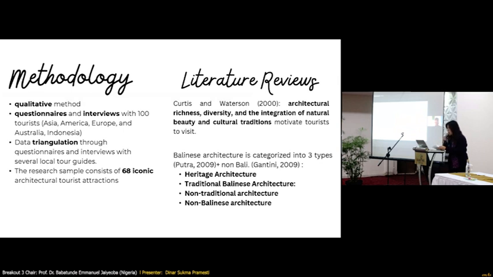This research used a qualitative method, with questionnaires and interviews with 100 tourists from Asia, America, Europe, Australia, and Indonesia. I used data triangulation with questionnaires and interviews with several local guides. The research sample consists of 68 iconic architectural tourist attractions.